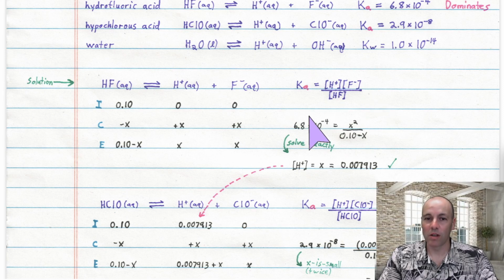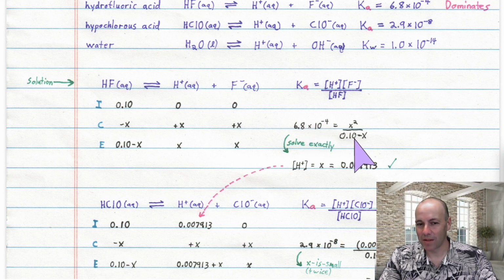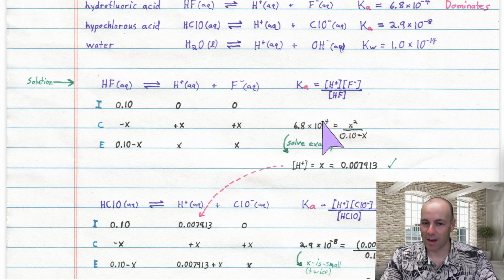This is our equation, and we can solve for X exactly. This is not quite 1,000 times bigger than that, so I would solve it exactly, and your X comes out to 0.007913. Okay, so that's the proton concentration from HF.